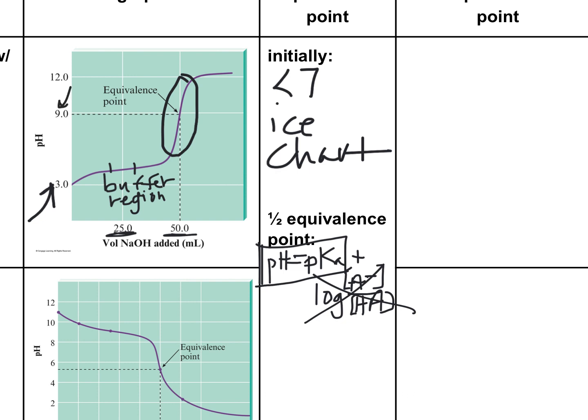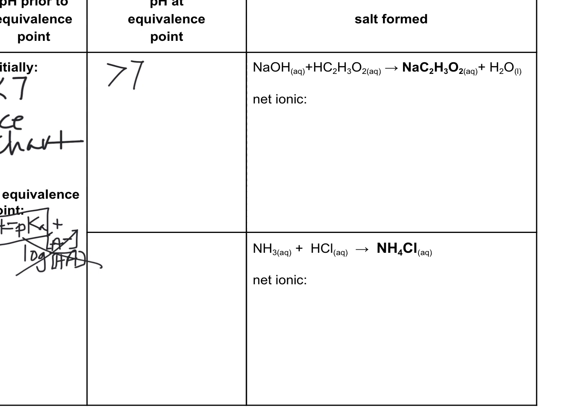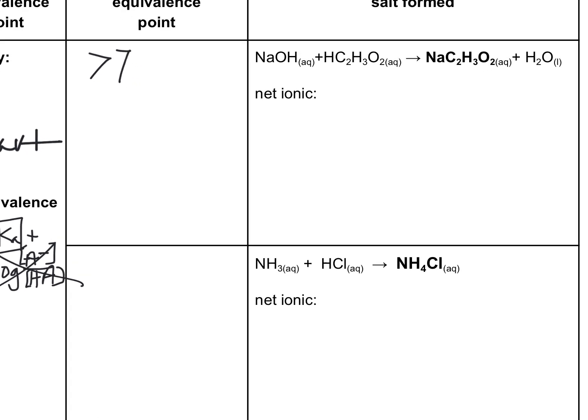So in general, we will see a pH that is greater than 7. This happens whenever a weak acid is titrated with a strong base, and that is because the salt that is created is basic.